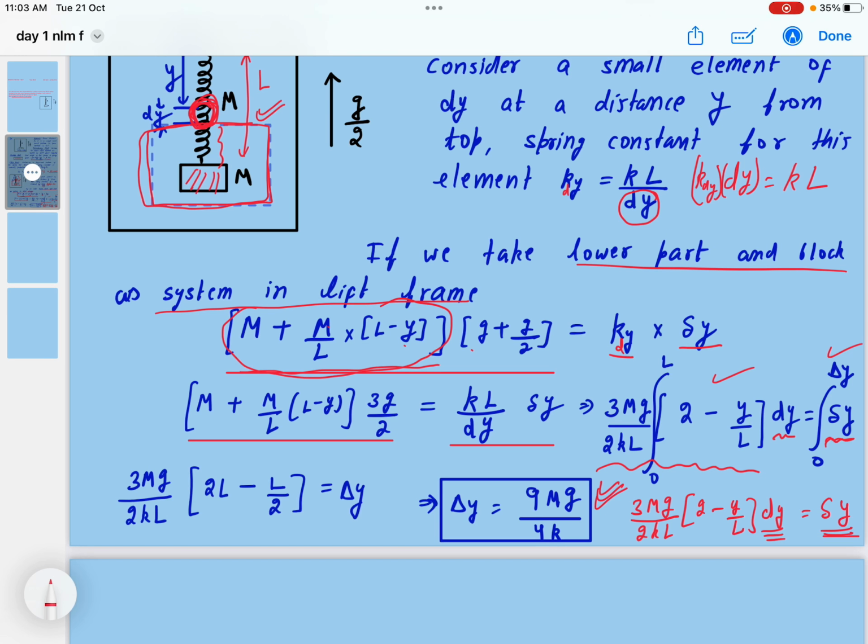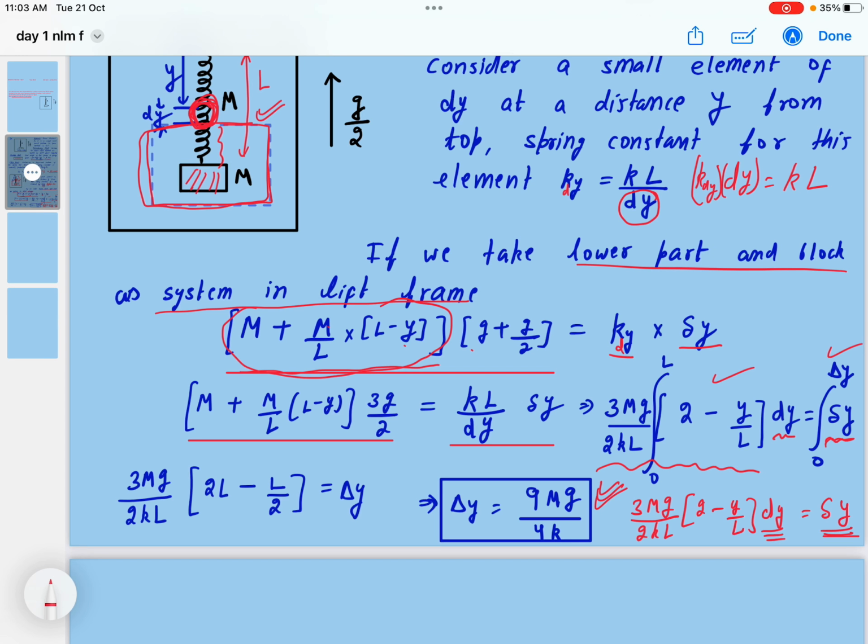Okay, so one method that students generally suggest when I give this question in class is, sir, we can find the extension in the spring due to its own weight separately, then find the extension in the spring due to the block connected with it, and then add both the extensions to get the total extension.